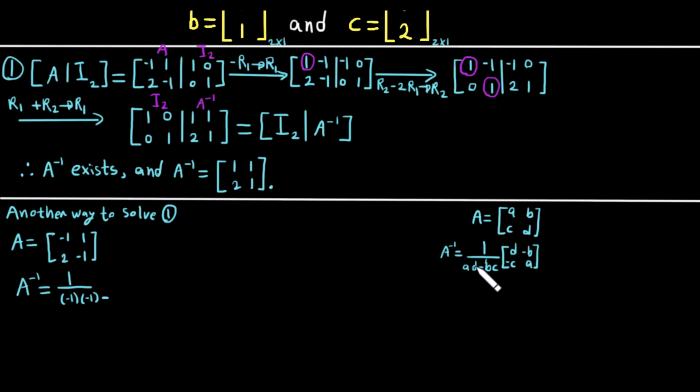So here this one minus, I put here minus, and I will make it larger. B multiplied by C. So here I have to multiply this by this. 1 multiplied by 2.